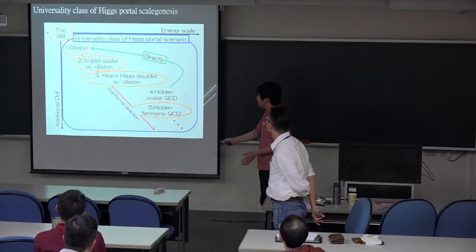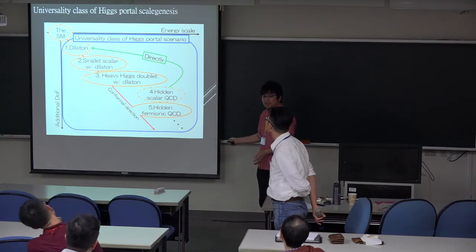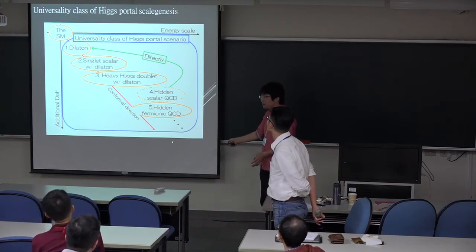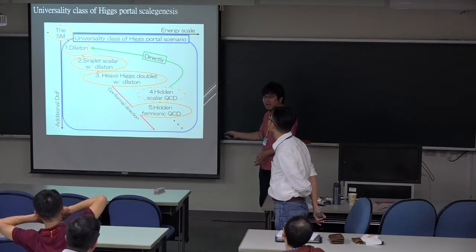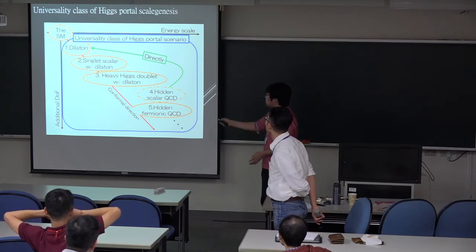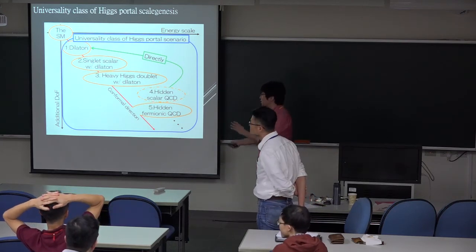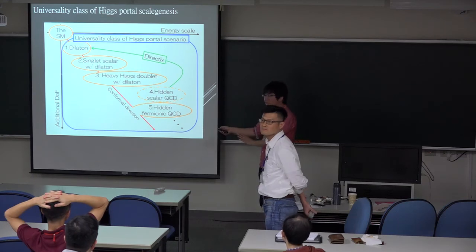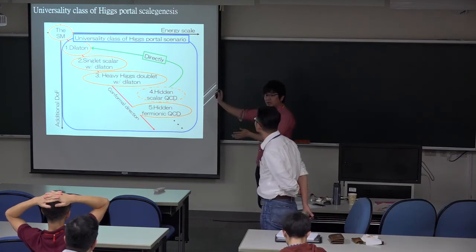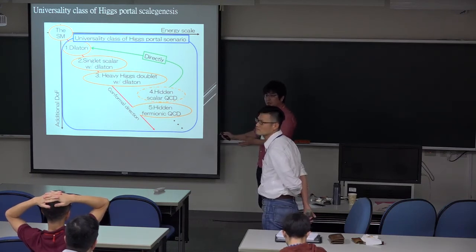Yeah, actually, this is the summary of the universality class here. So along the conformal direction, we would have several kinds of models. But all the models can have a similar experimental signature, I mean the collider signature, because apart from the light dilaton, all the particles are heavy. So we cannot see anything.